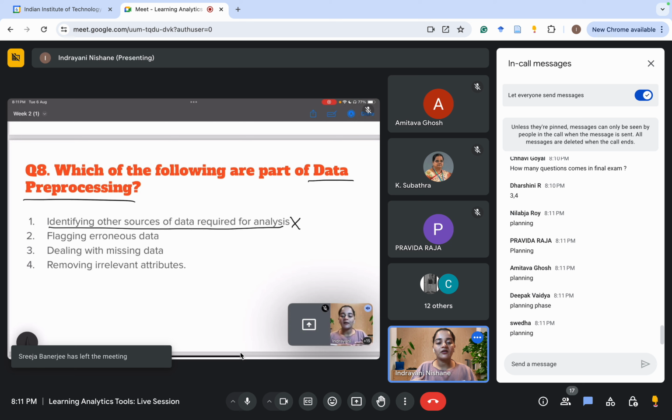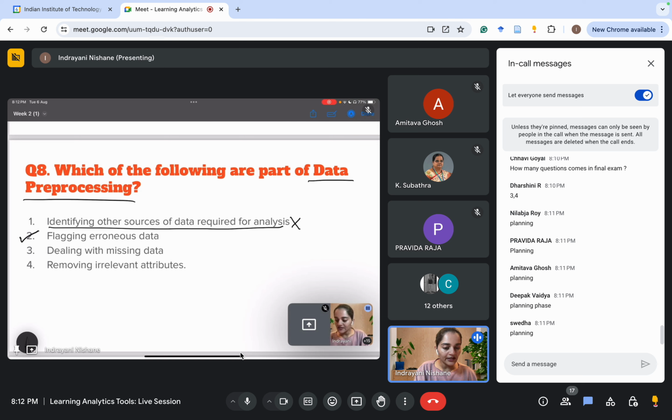The data gets captured continuously when they come to the system again after some time. So even though they are not active in between, the difference between those timestamps is so large that it's not possible at all that somebody would be doing a particular action for 48 hours or 26 hours and so on. So that is erroneous data. We need to flag such data capture, and we need to tackle that. This is part of data pre-processing, because this happens after we have collected the data.